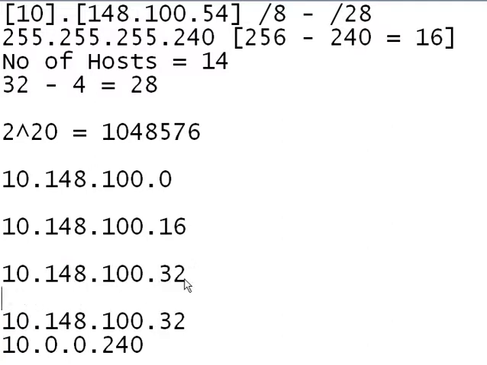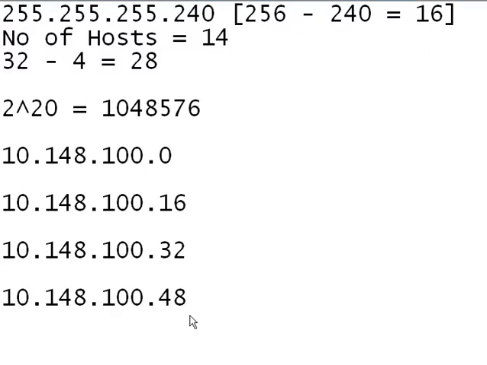Now after that it will be 100.64. Like this it will keep going. Then 10.148.100.240, and after some calculations of the network, after 148.100, it will be 101.0. So like that there is a change in the networks.